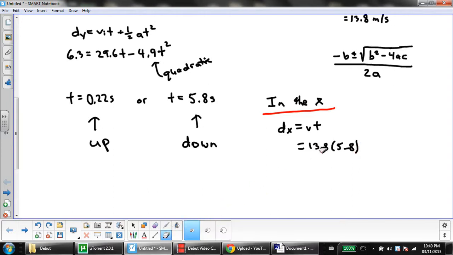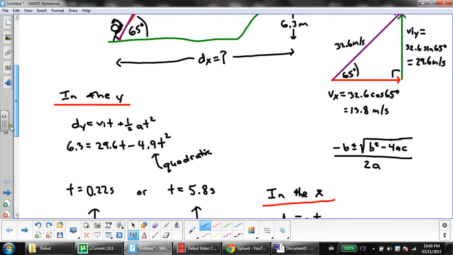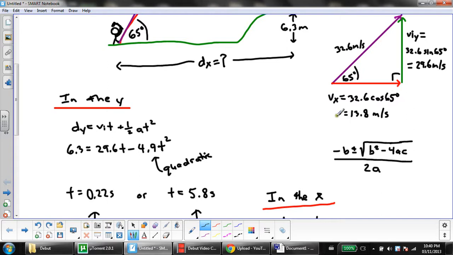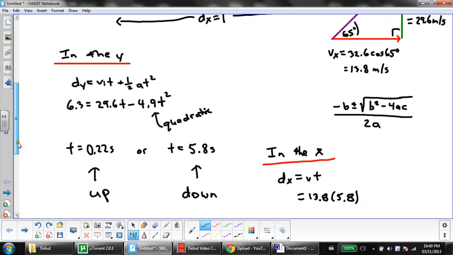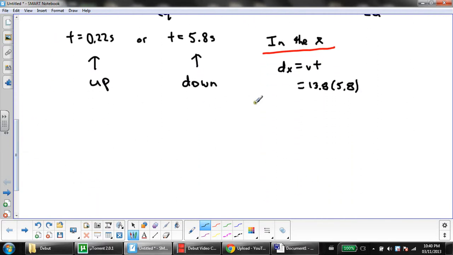And just so we remember where I got this, I got the 13.8 from that original diagram right here, where I figured out the x velocity, which will never change during the flight of this projectile. And then I can work this out to see how far it goes, and it goes about 80 meters.